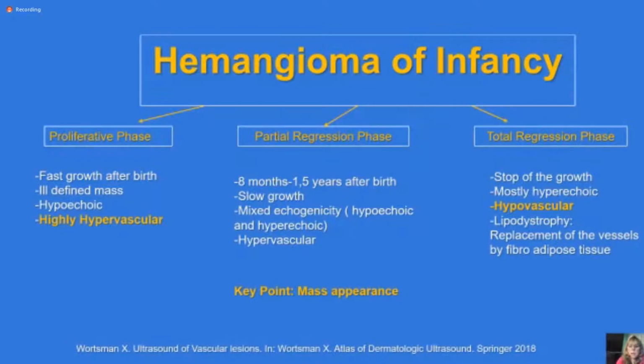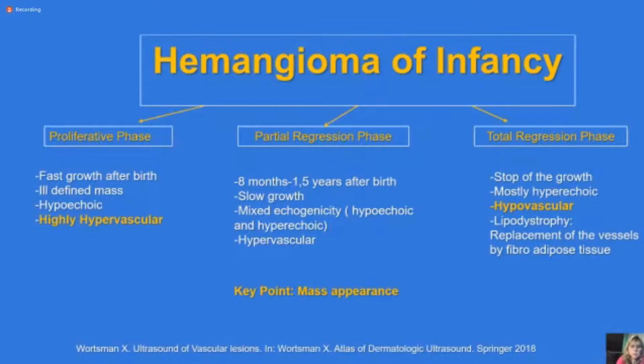When the hemangioma goes to the total regression phase, there is a stop of the growth and its appearance is mostly hyperechoic and hypovascular. In this phase, the hemangioma can present lipodystrophy because there is a replacement of the vessels of the hemangioma by fibroadipose tissue.